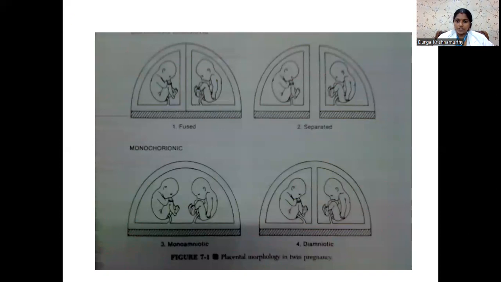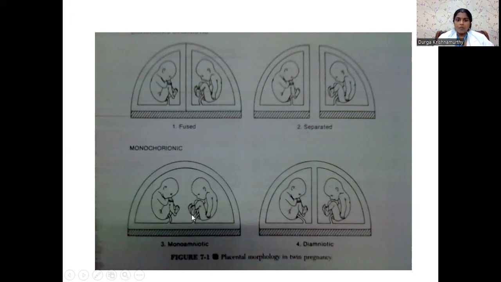So this is a picture which will tell you the placental morphology in twin pregnancy. This is monochorionic. That means one single placenta. Here you see a single placenta, correct?